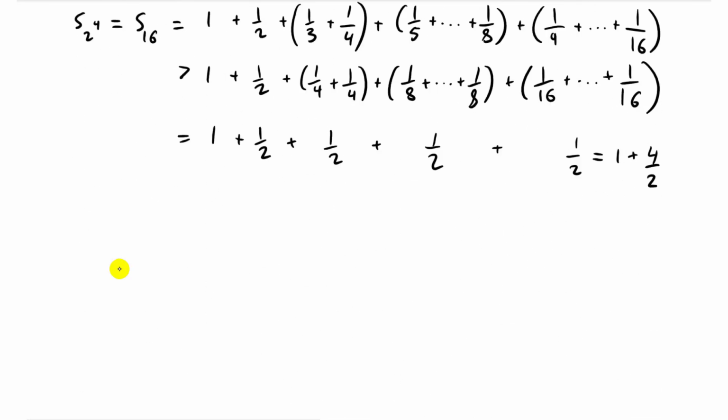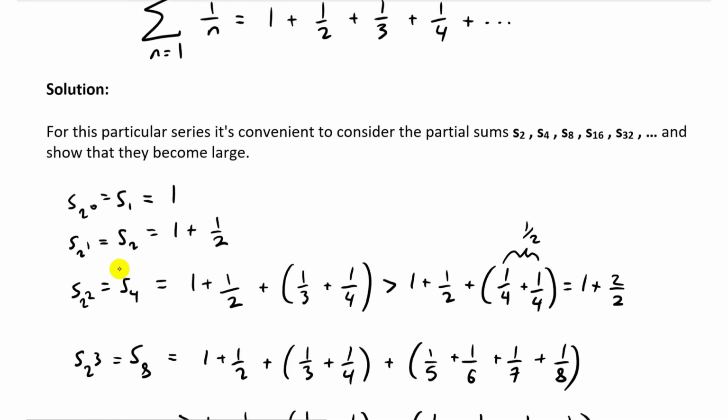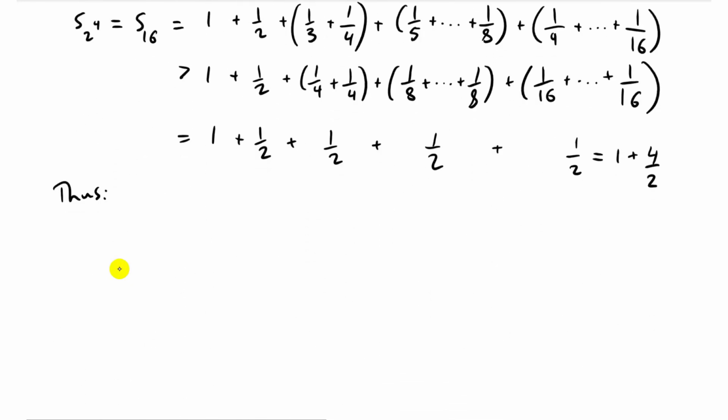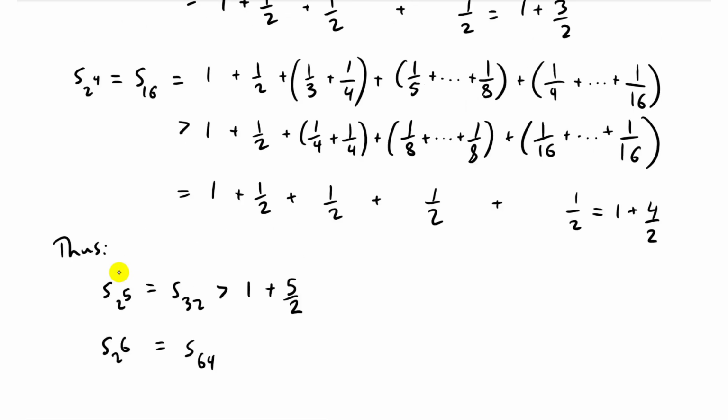So thus for the next term, S32, so S2 to the power of 5, which equals S32, we're just going to have 1 plus 5 over 2. And likewise for S2 to the 6, which equals S64. Actually, this one here is greater than, my bad, not equal to.